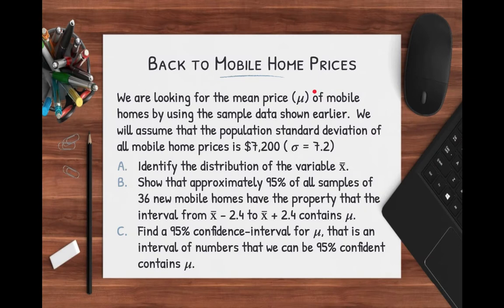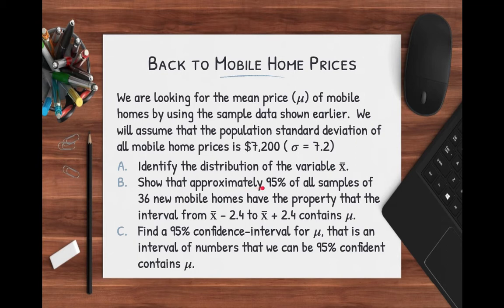So we're going to start by looking at that mean price again. We know in this case that the standard deviation for mobile home prices is $7,200. So that gives us a sigma of 7.2. It's always nice if we have this. So we're going to identify the distribution of the variable x bar, the sample mean.